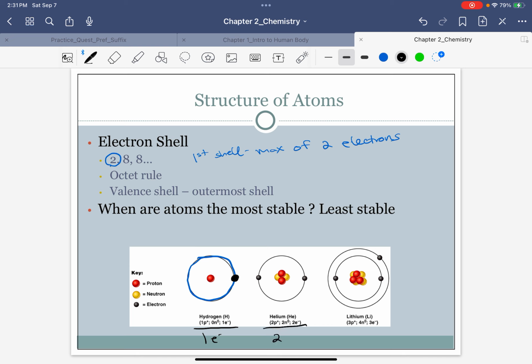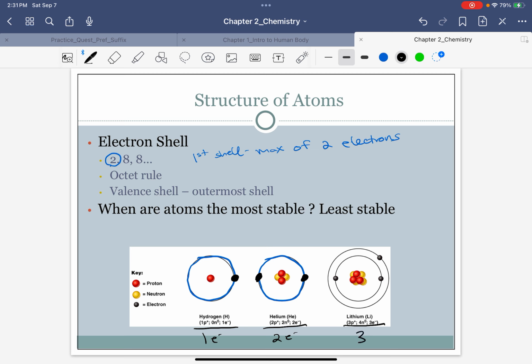Helium has 2 electrons. So again, we form our electron shell, and then we put 1 electron and 2 electrons. Great. What if we have an atom with more electrons? Let's say we start with lithium. Again, you're not going to have to know these specifics. I'm just using this as an example.